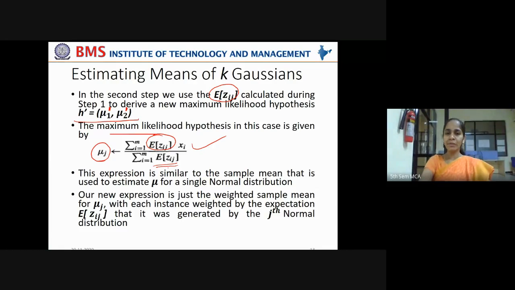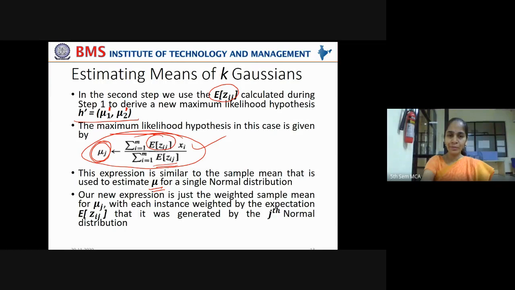Now, this expression is similar to the sample mean that is used to estimate mu for a single normal distribution. This expression is just the weighted sample mean for the mu j, with each instance weighted by the expectation E of Zij that it was generated by the jth normal distribution.